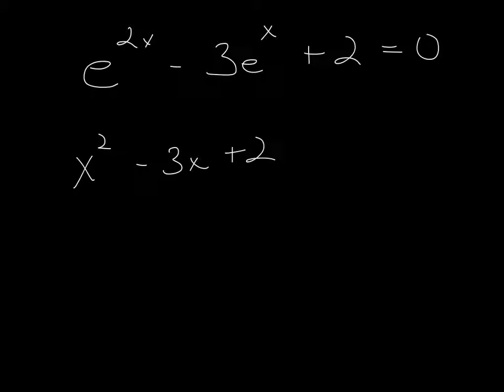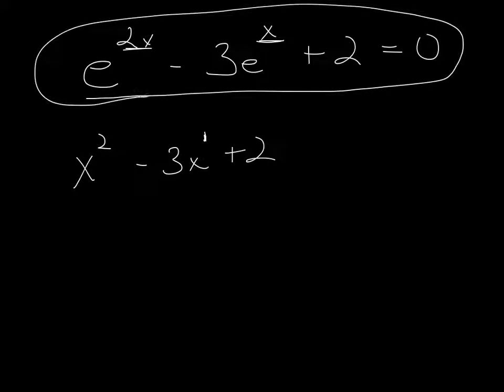Notice this exponent is twice this exponent. If we have x to the first power, this is twice, right? If I'm thinking about the exponents, here I have an x, so this is 2x. And then here's my constant term. So we can work a problem like this very much like a quadratic.